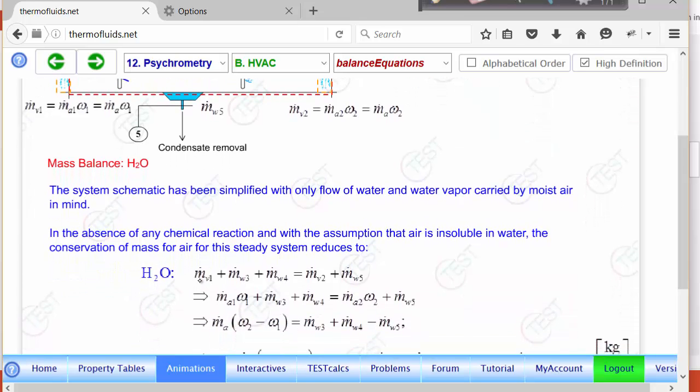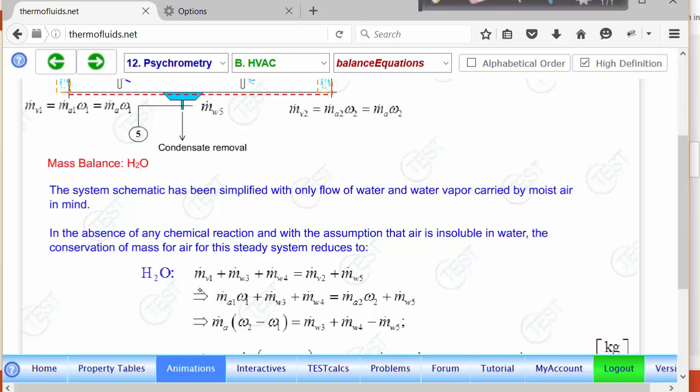So if you simplify this equation, you notice that the vapor flow can be expressed in terms of dry air flow times omega. So that is the clue in connecting vapor mass with dry air mass. So whenever you see vapor mass, you can just multiply the dry air mass with omega and get the vapor mass. And dot simply means per second basis.